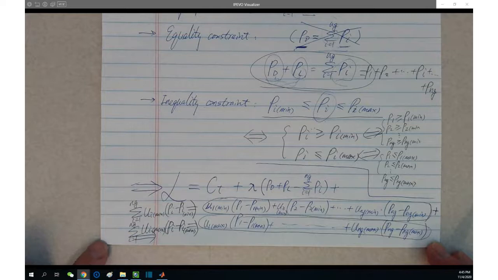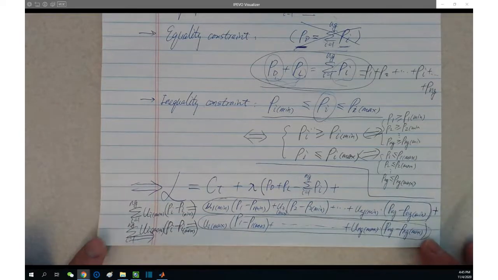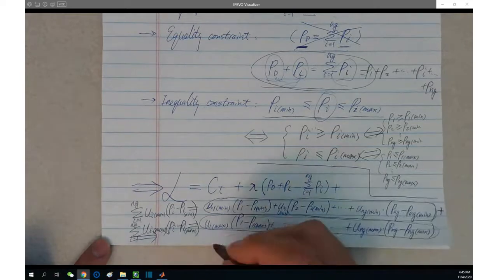So you're saying derive the equations for lambda and the U's. Yeah, that's right. And how to do that? In other words, what mathematical operation should we conduct? Partial differentiation. Good. Partial derivative.